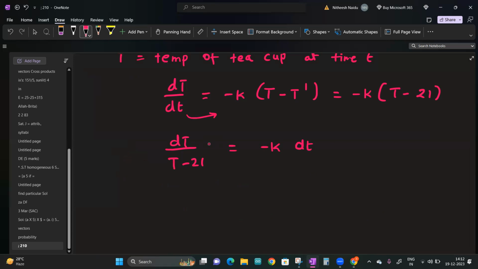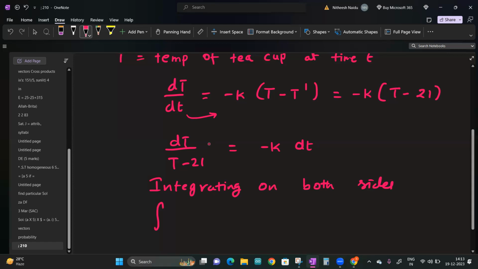Okay. Now write down the next step: integrating on both sides. What will you get integrating on both sides?